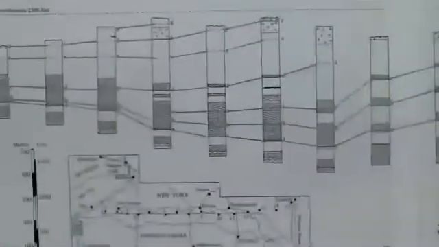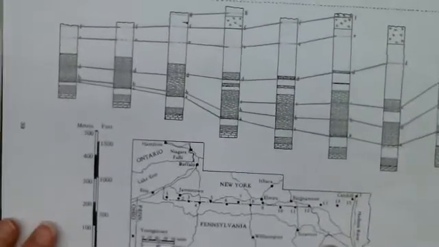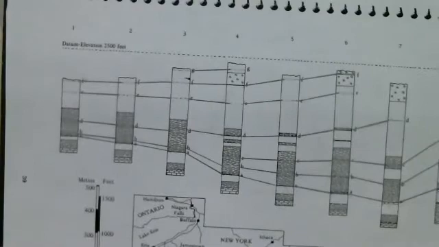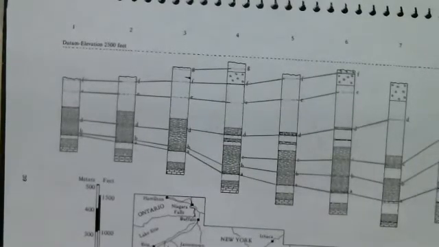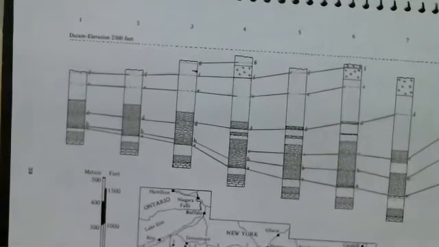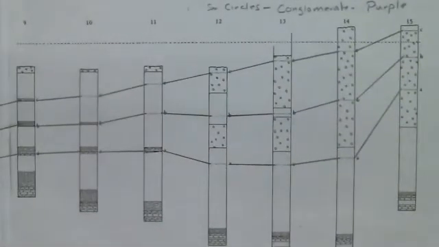All right, so let's see what we've got here. We have in columns 1 through 6, and you could include 7, there are more index fossils than from 8 through 15. There are fewer fossils.